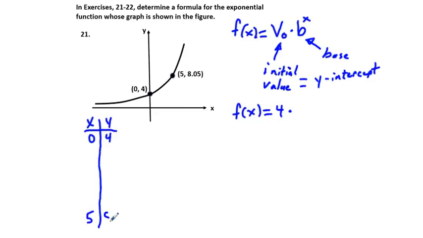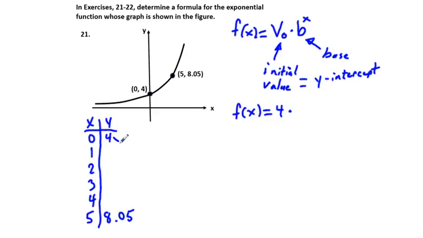We have an output of 8.05. And so to find out what b is, now if we had these 1 unit apart, we would know what b is. We would just take one value above divided by the value below. But here we have not only 0, we have 1, 2, 3, 4, 5.